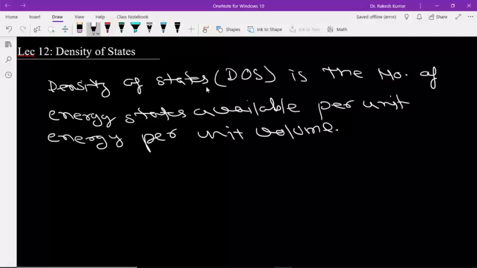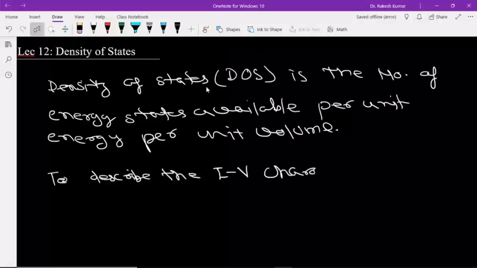And the next question is, why do we need this density of state? It is because to describe the IV characteristic, or anything where we need the number of charge carriers, but here I am talking in terms of IV.